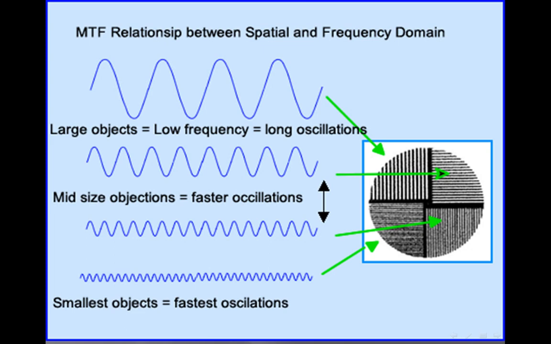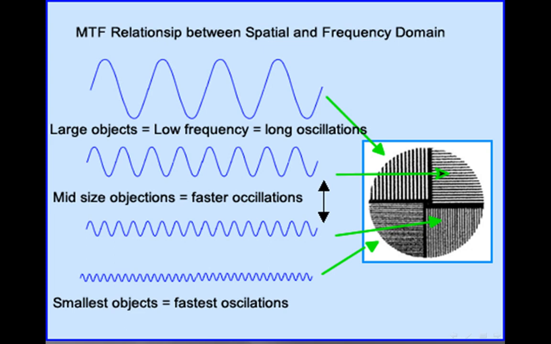So if you represent this repetition by frequency, you will find it is the fastest frequency. So I can represent the line pairs, or spatial domain, as frequency domain. Okay, so I can convert from spatial domain to frequency domain.